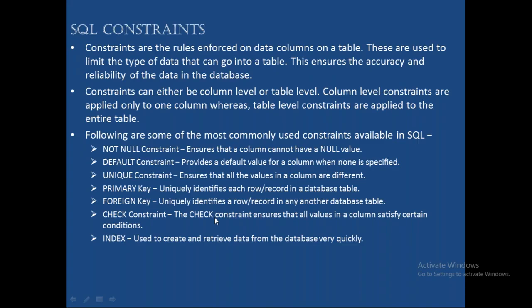Next, we have something called a primary key. It uniquely identifies each row or record in a database table. The primary key will generate numbers, 1, 2, 3, and so on. If you want to fetch a record, you can fetch it with the help of the primary key.